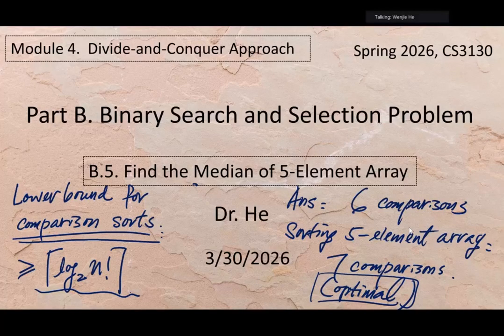When n equals 5, we can calculate. 5 factorial equals 120, right? Then the ceiling of log base 2 of 120.